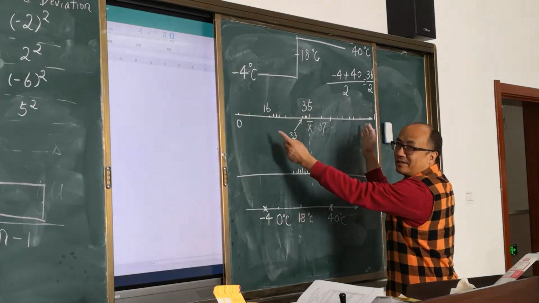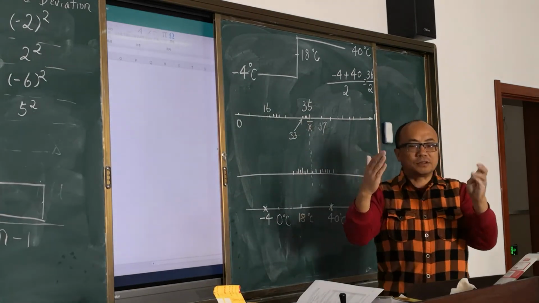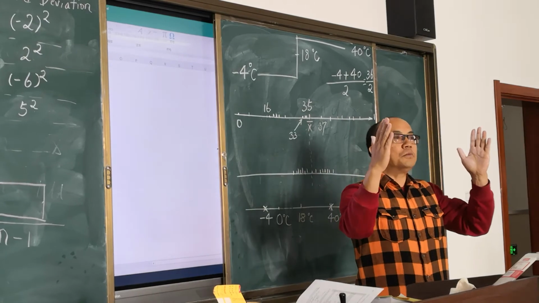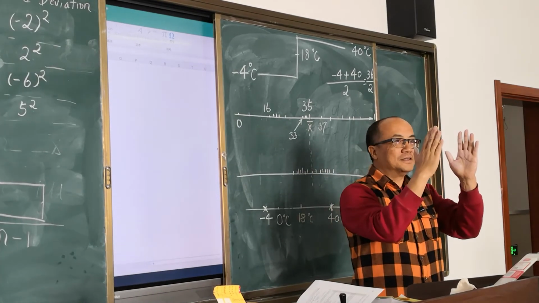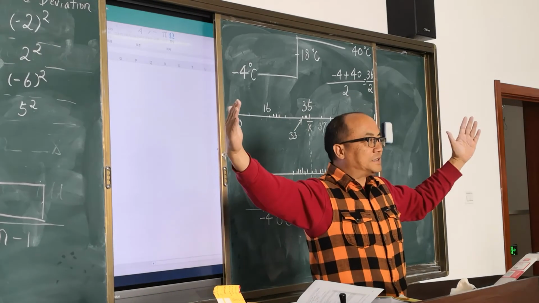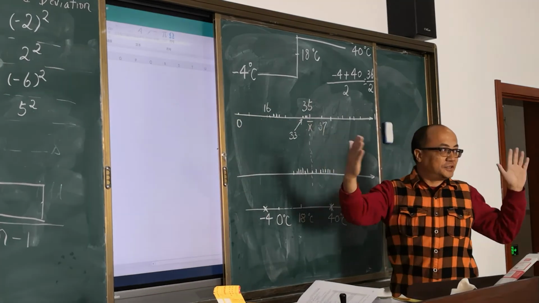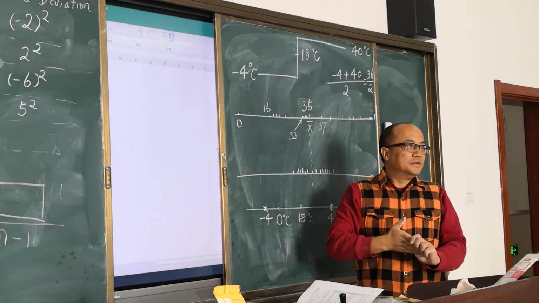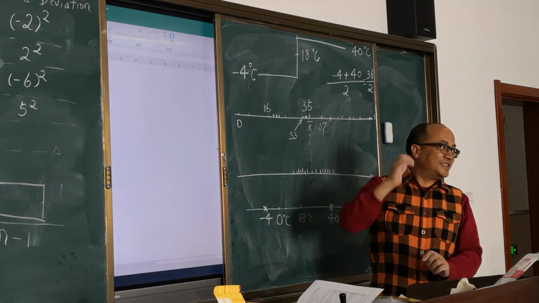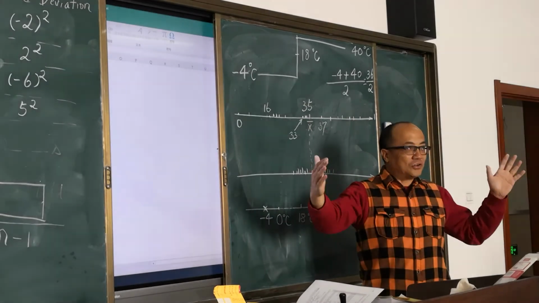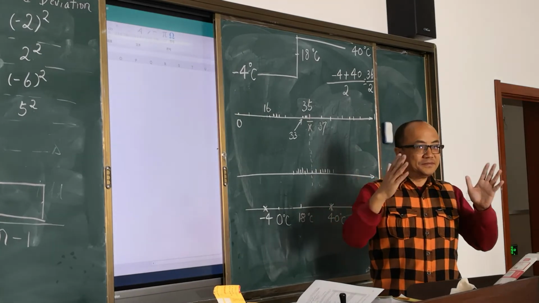If some of your shoes are here and some are way over there, even though on average it is 35, you say, wow, this is not acceptable, right?